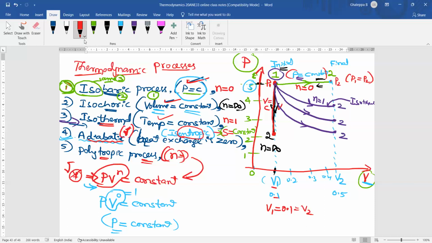And next one is adiabatic. Fourth one, adiabatic. Third, isothermal, is over. Fourth one, adiabatic, n value is equal to gamma, that is 1.4. This is for adiabatic.